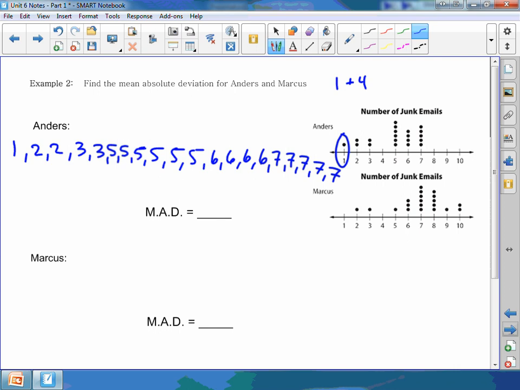Okay, you should have 20 data points for Anders, and good, 20 for Marcus as well. So they're an equal number of days that they're measuring these. Just writing them out, start with your mean, and then from there build off to your mean absolute deviation. So I'll give you guys some time to really work on this.